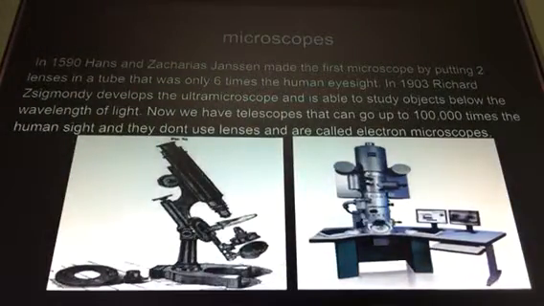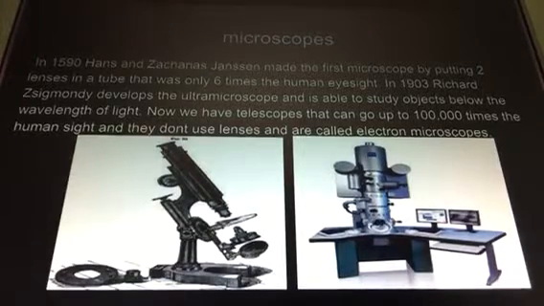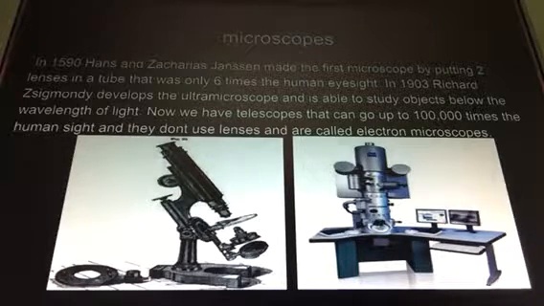Microscopes. In 1590, Hans and Zacharias Janssen made the first microscope by putting two lenses in a tube that was only 6 times human eyesight. In 1903, Richard Zsigmondy developed the ultramicroscope, and it is able to study objects below the wavelength of light.